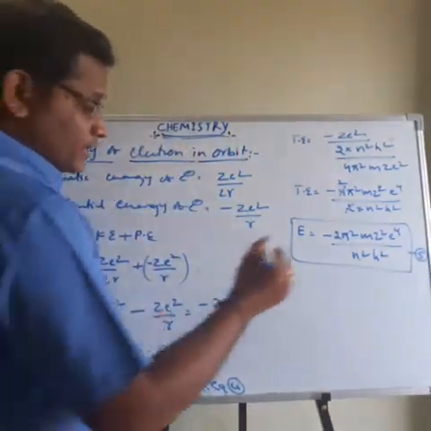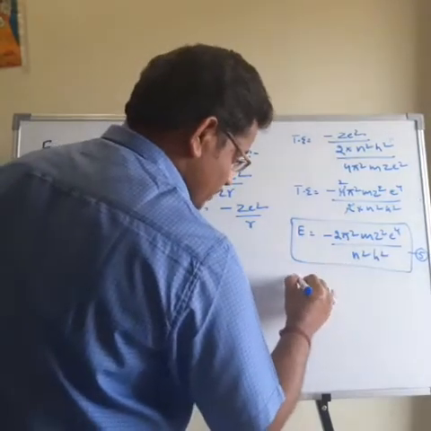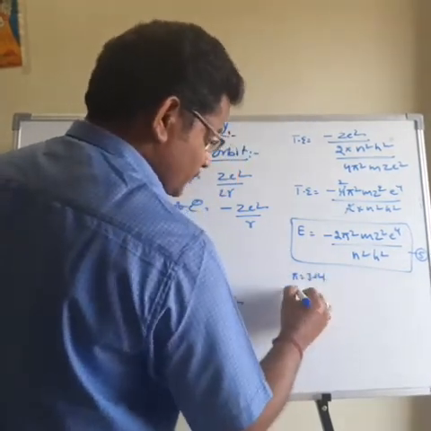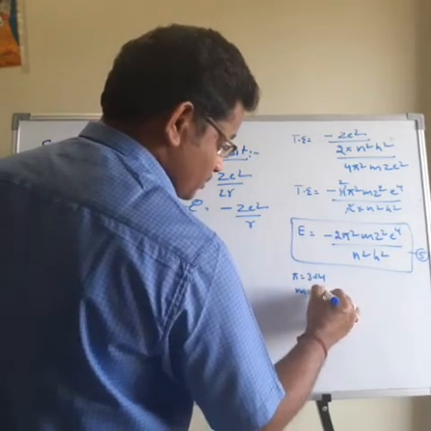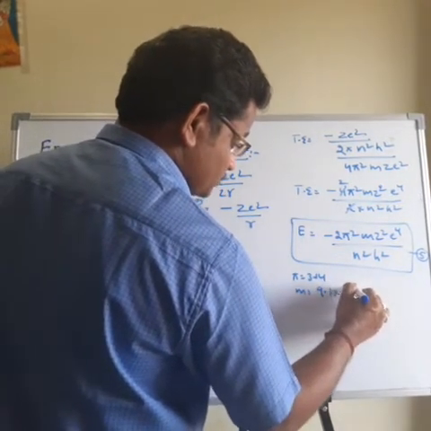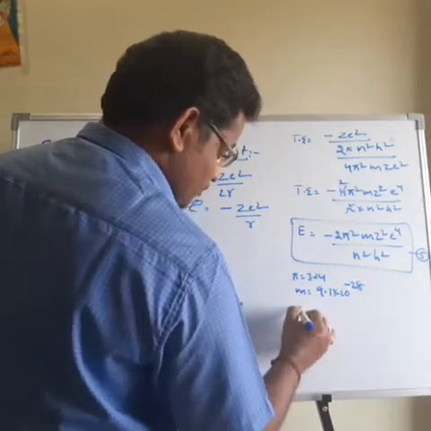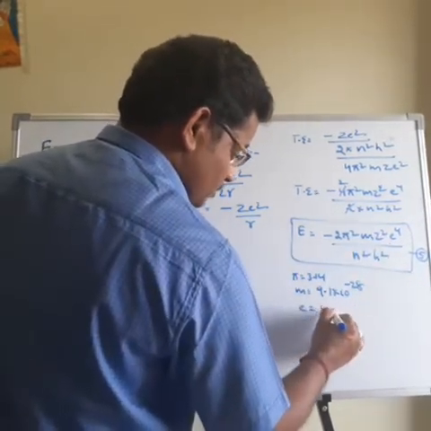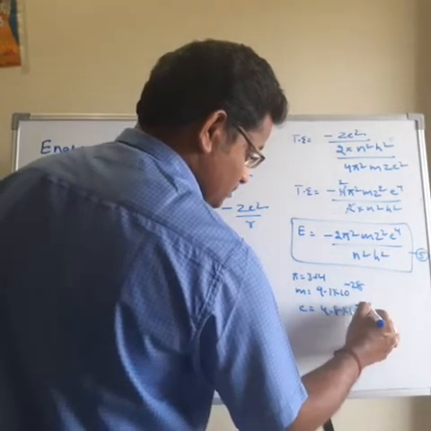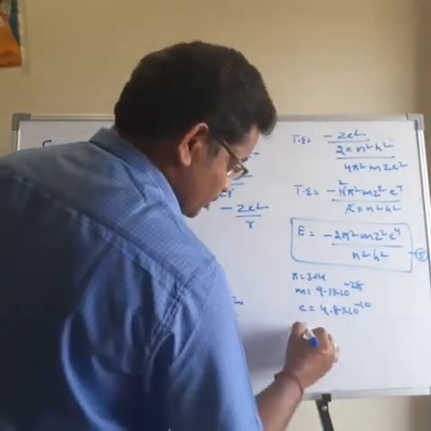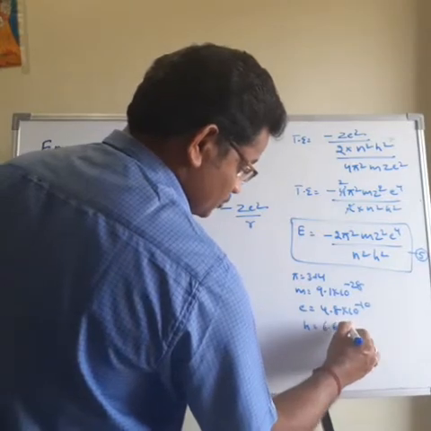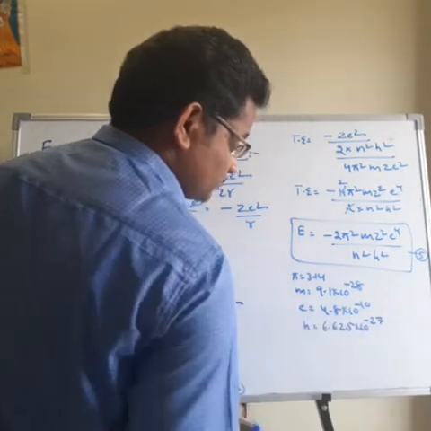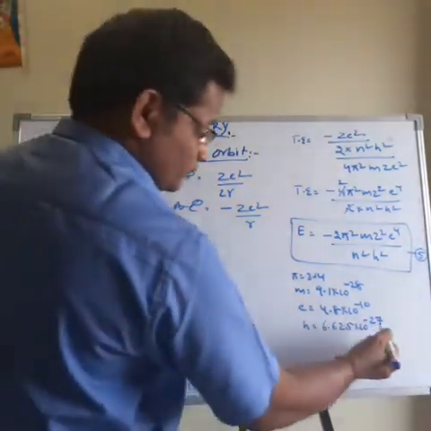Next, the pi value is 3.14. M means the mass of the electron, which is 9.1 into 10 power minus 28 grams. Z is the atomic number. The charge of the electron is 4.8 into 10 power minus 10 electrostatic units, and the H value is 6.625 into 10 power minus 27 erg second.